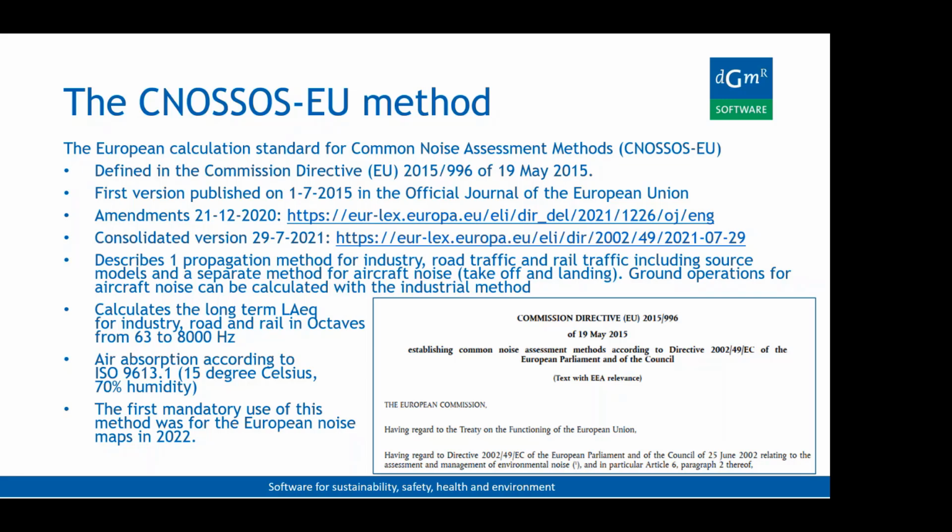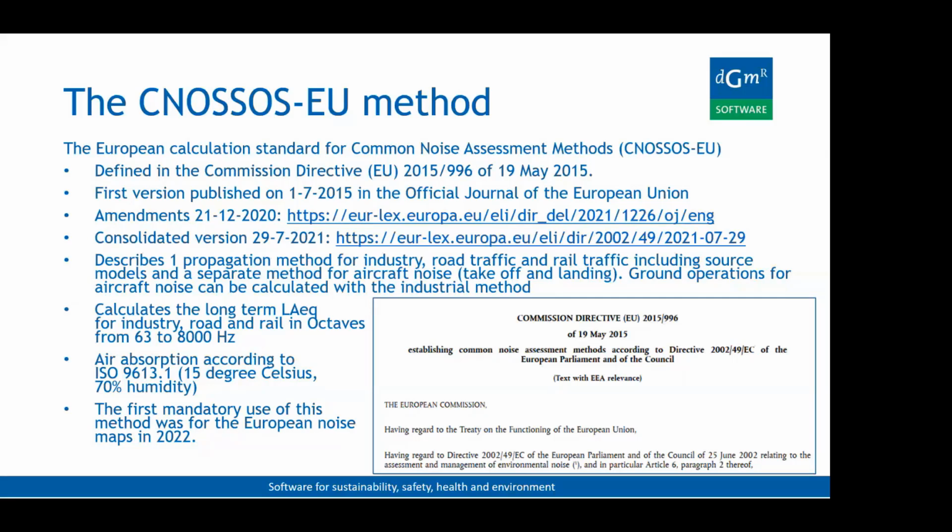And before I continue, you will receive this presentation as handouts, also including the hyperlinks to those methods. So that's easy for you to look at after this session. There's a consolidated version that was released in 2021. So that was based on the original method with the amendments.